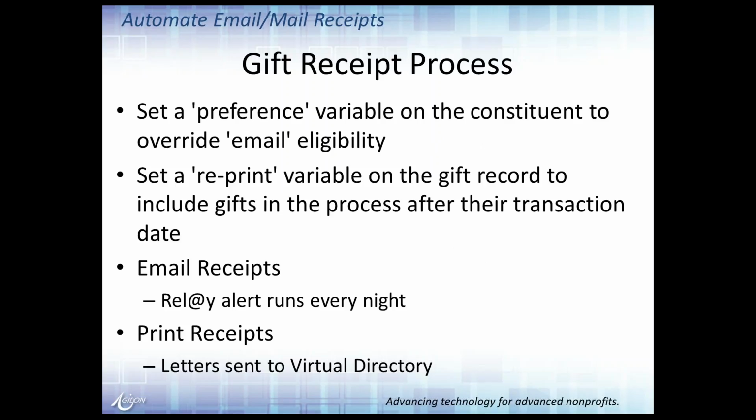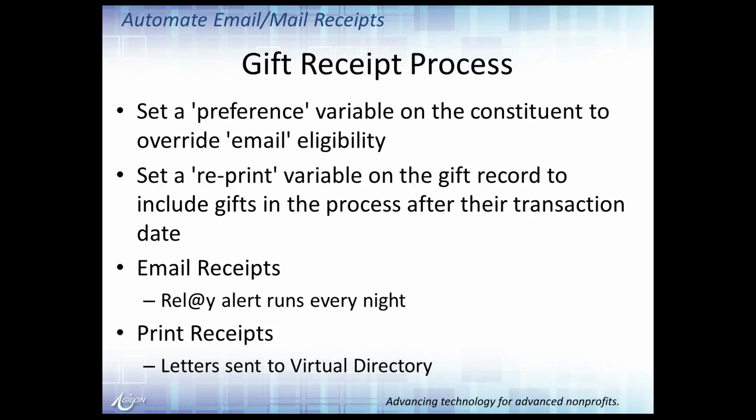First, in order for somebody to be eligible for receiving the email receipt, they had to have an active email address in One. And if they had an active email address in One, we would make an assumption that they wanted to receive the receipts in that manner instead of getting a printed receipt.